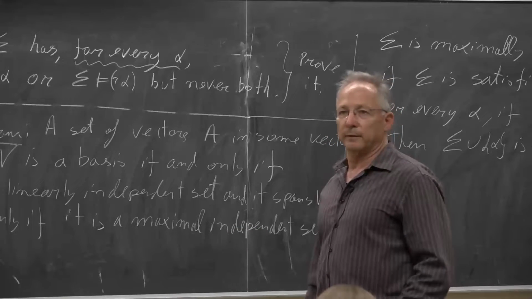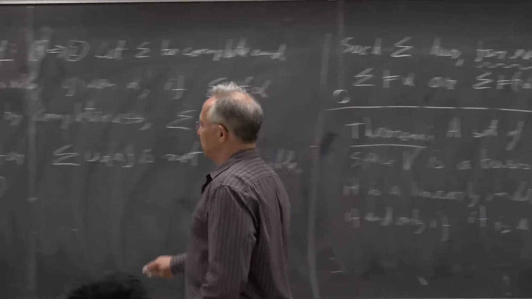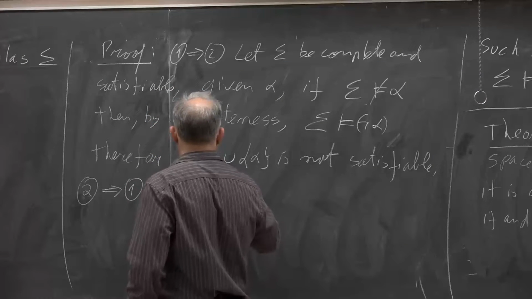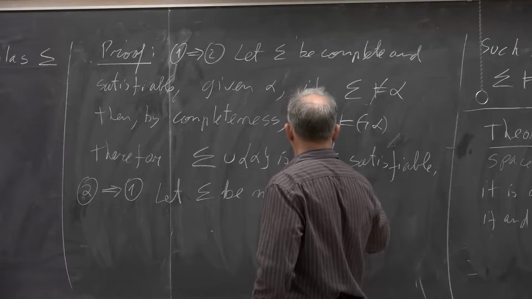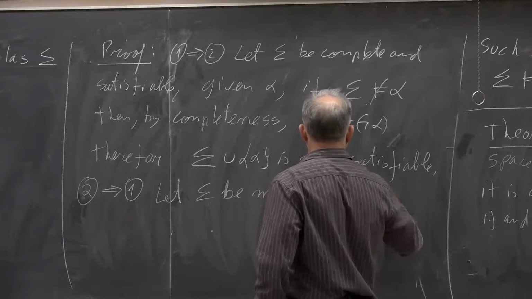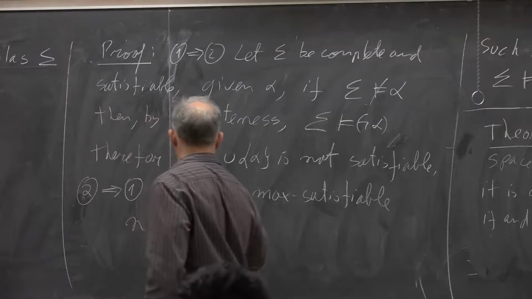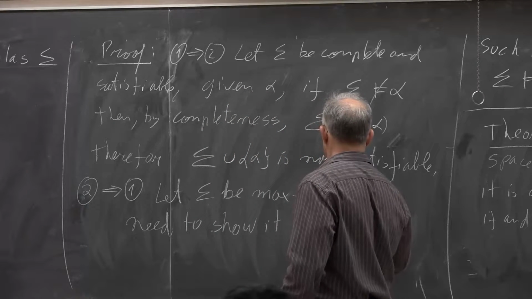Why is it complete? So let sigma be maximally satisfiable. Need to show it is complete.